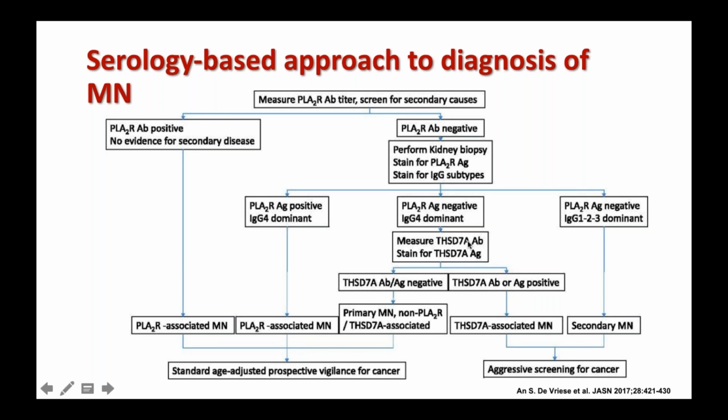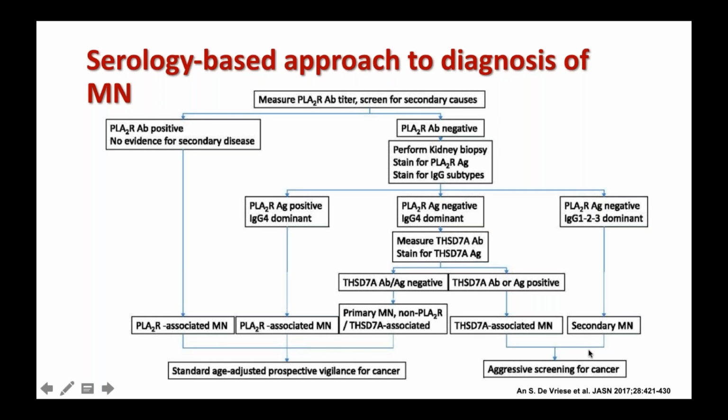You can measure serum THSD7A antibody and stain for THSD7A antigen, and it may be either positive or negative. If you have PLA2R antigen negative and IgG4 is not present, then this is most likely a secondary membranous nephropathy, in which you can aggressively screen for cancer. Okay, so this is about diagnostic approach.